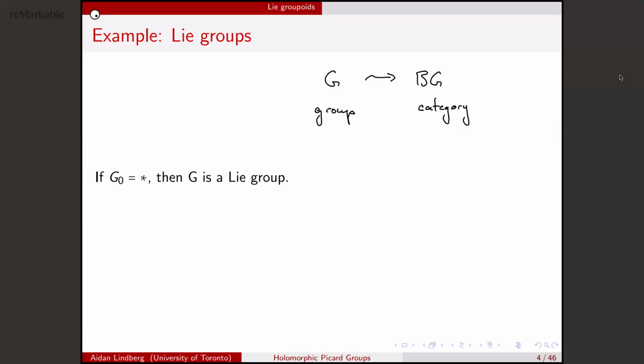No, so I'm going to build a category where there's a single object, which is this point, and then there's a bunch of arrows here, and these arrows are all invertible, so they have inverses, and those arrows form a group, and that's exactly what a Lie group is. But a groupoid is not. So let's see a few more examples.